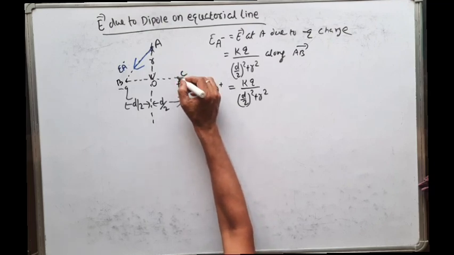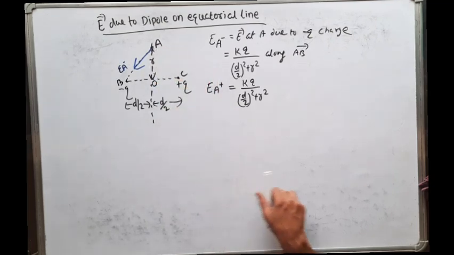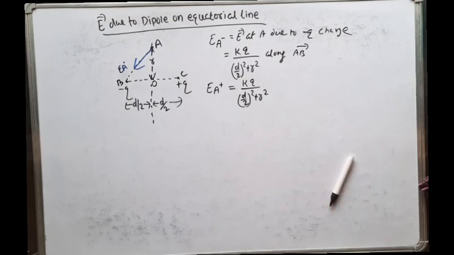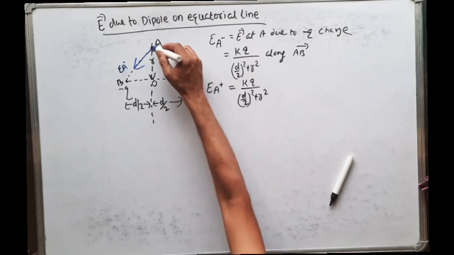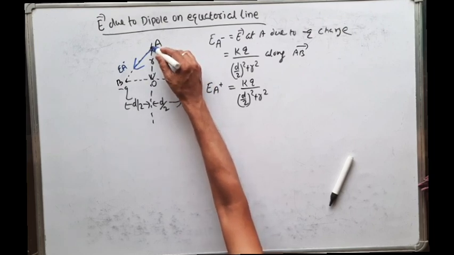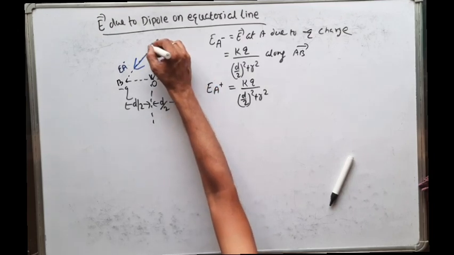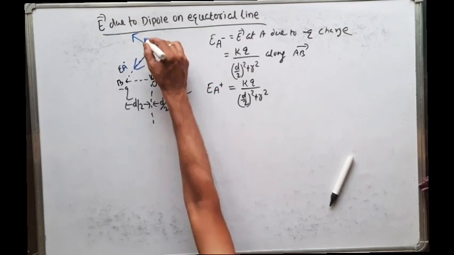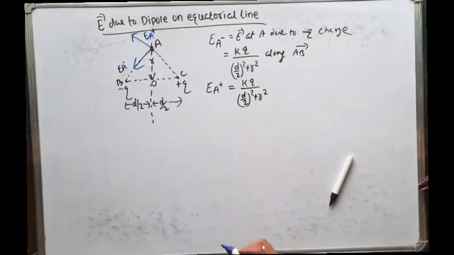And what is the direction? This is a positive charge, so the electric field intensity is always away from a positively charged body. If we keep a plus 1 charge here, this plus q will repel this plus 1 along this direction. So this is the direction of the electric field intensity at A due to the positive charge.